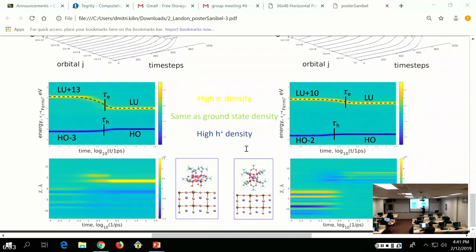These two models are shown here so that you can compare where this is on the actual atomistic model. At the end here, you can see that you've got a high hole density localized right at this top layer of the perovskite and a high electron density on this bottom set of titanium of the titanium dioxide.